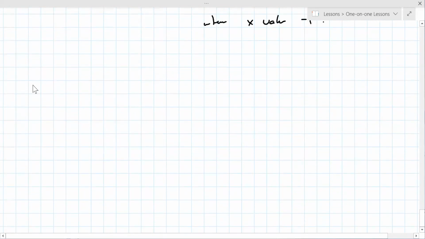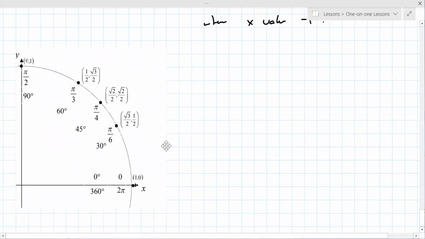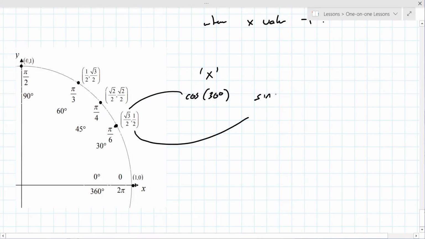And that's what your instructor, without saying it here, is saying: you need to know all this stuff in the unit circle, because this square root 3 over 2, that's the cosine of 30 degrees, because cosine is the x. The 1/2 is the sine of 30 degrees. That's the y. And then similarly here and here, and so on.